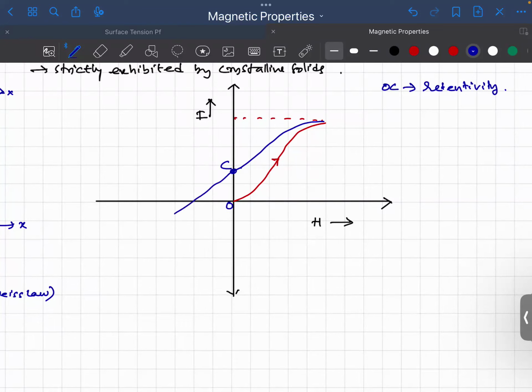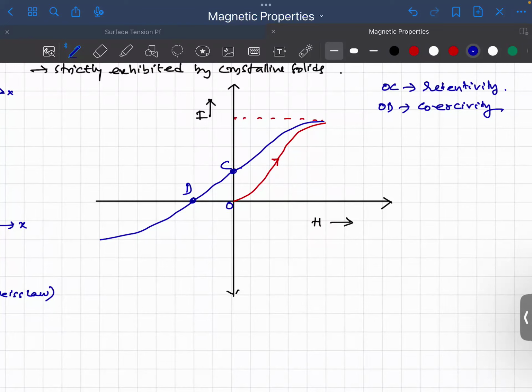So now again it will intercept here at D. OD refers to coercivity.